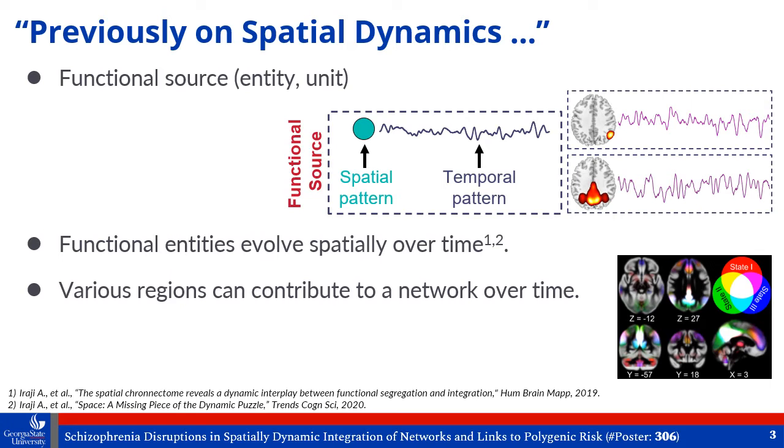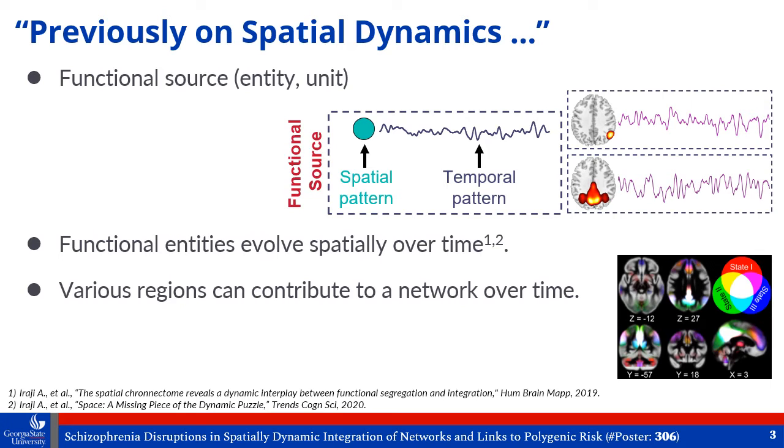Here we can see three states of the default mode network shown in RGB additive color. We can see posterior cingulate and precuneus regions are in white, meaning they contribute to the default mode network in all three states, which is not surprising as they are the primary parts of the default mode.